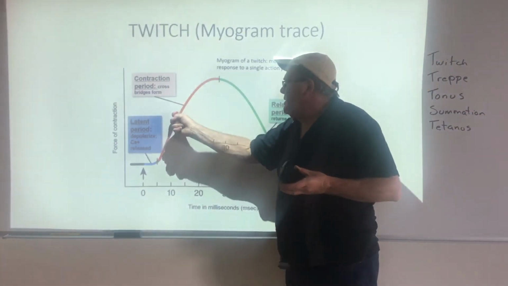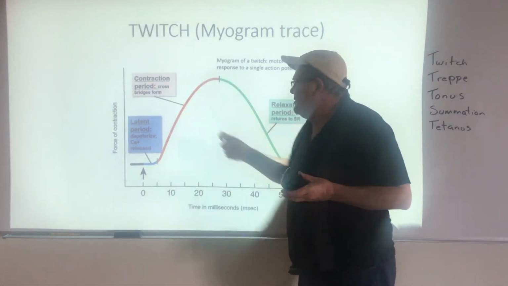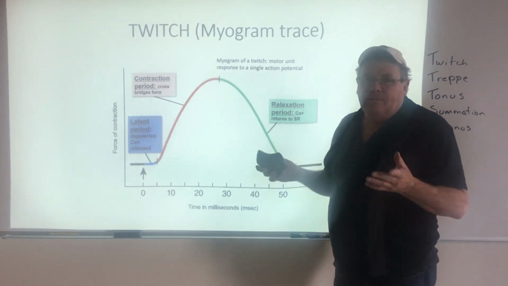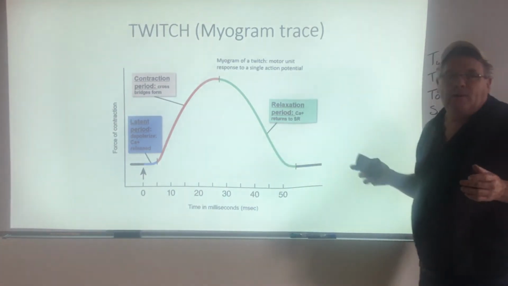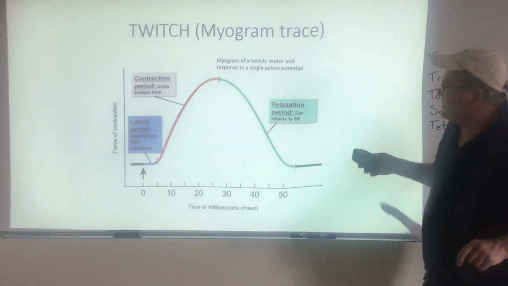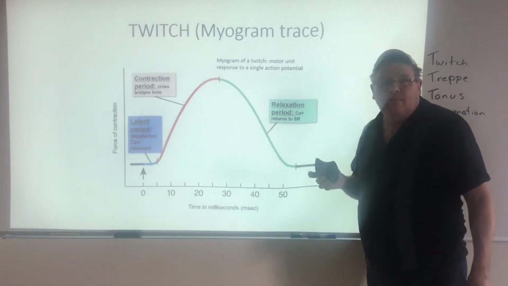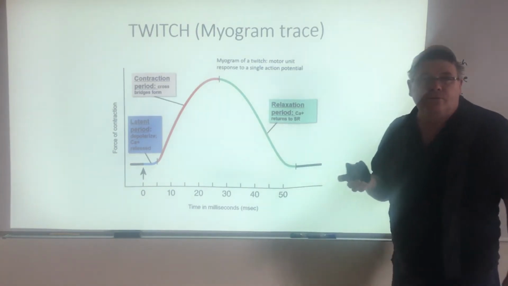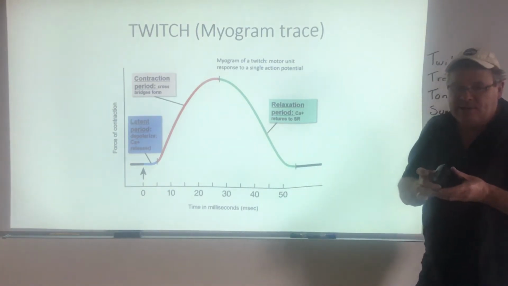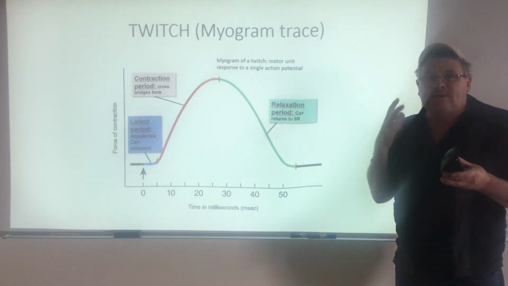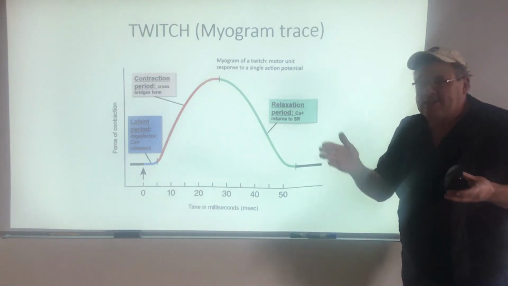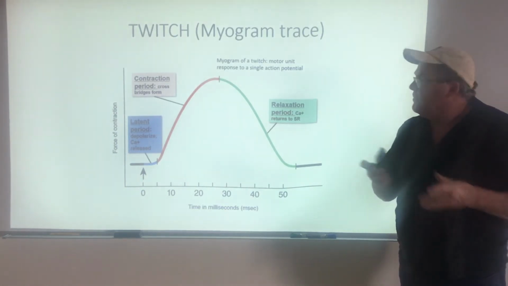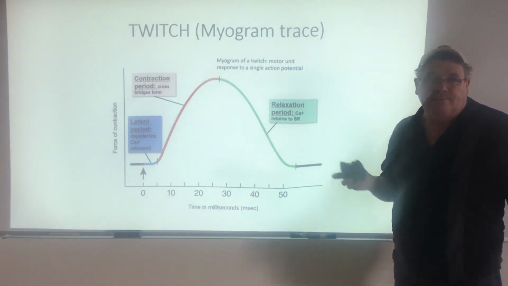Also, this one has contraction and relaxation about equal, but that's variable. What this represents is one stimulus to that individual myofiber. Maybe some of you, I know I have twitches right before I fall asleep. When I go from the wake state to the sleep state, all of a sudden muscles contract, and that's a simple twitch. That's all it is.